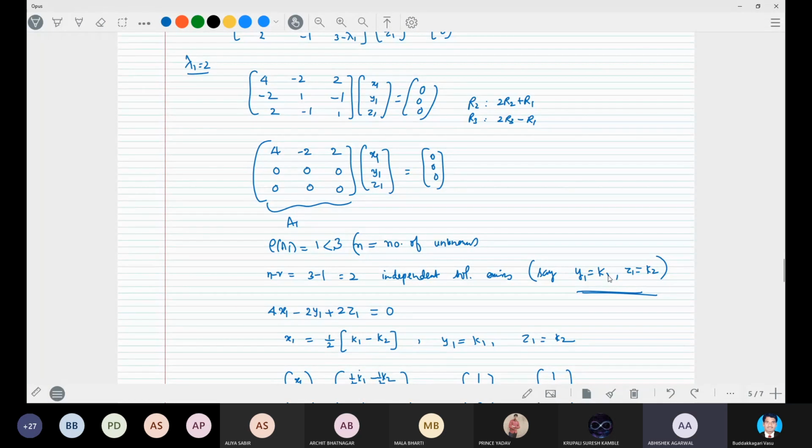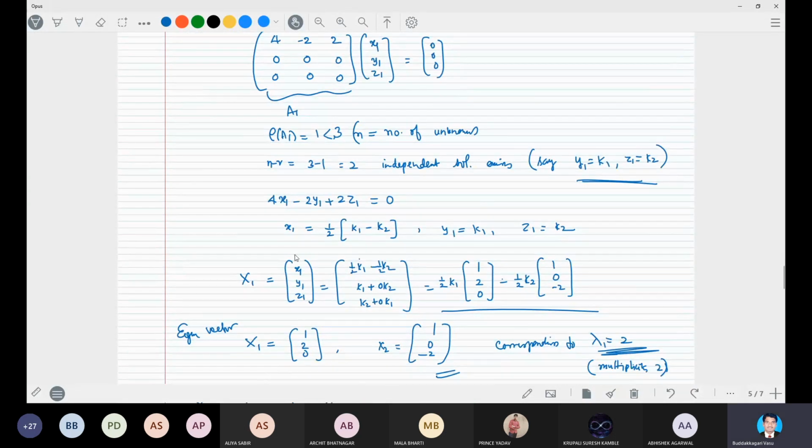Yes, sir. So now from this solution, the transformed system, we can write in equation form, that is 4x1 minus 2y1 plus 2z1 is equal to 0. Only a single equation has been extracted. So from this we can write x1 is equal to this much.